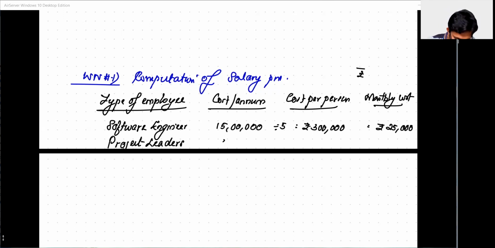Now, project leaders. Project leaders total cost is 9 lakh. And you need how many persons? 2 persons you have. So each person will be paid 4,50,000. Per month will be 4,50,000 divided by 12. That is 37,500. Now you have project manager.